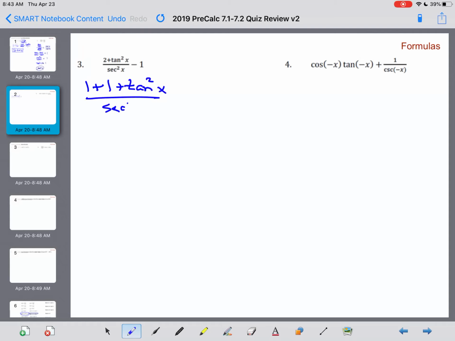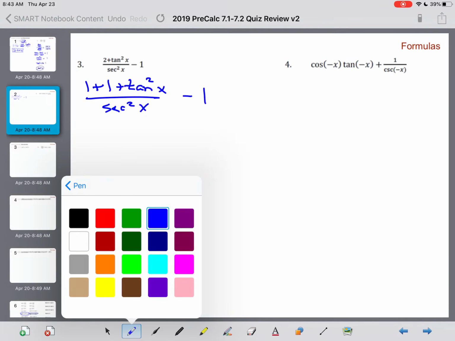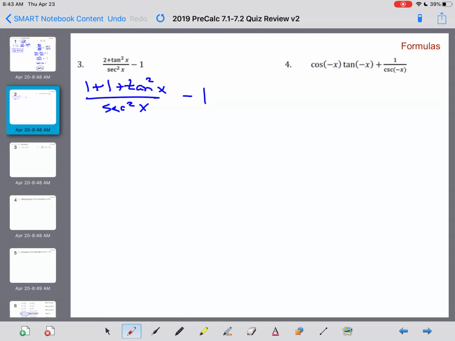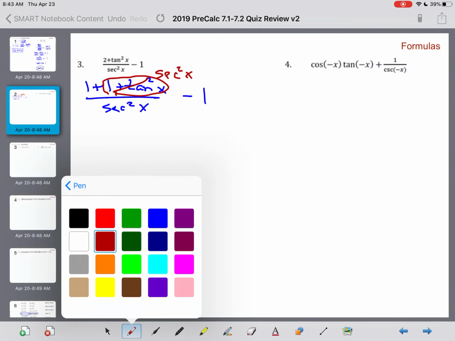And then there's a minus 1 that's trailing the whole thing. Okay. Now, like we just did with the previous problem, we have 1 plus tangent squared, and that actually becomes secant squared using our formulas. So now we're going to break up the numerator.